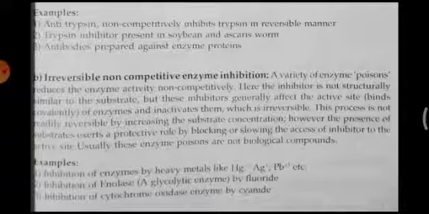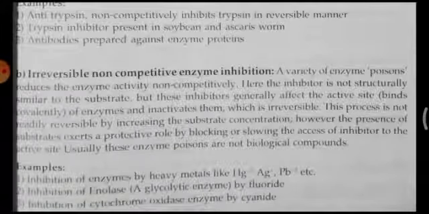In this case, even by adding an excess quantity of substrate, it is only protecting by blocking the enzyme, but once the inhibitor binds to the enzyme, increasing the concentration of substrate will not have any use, because once the inhibitor binds, that enzyme will be permanently inhibited. For specific examples, heavy metals like mercury and silver are going to inhibit certain enzymes.